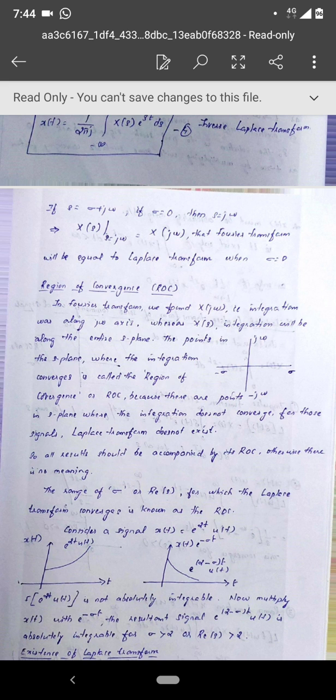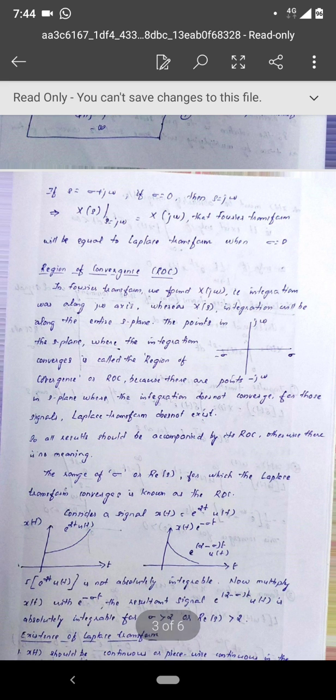Integration converges means the integration result is less than infinity. That is called the region of convergence, or ROC, because there are points in the s plane where integration does not converge. For those signals, the Laplace transform does not exist.